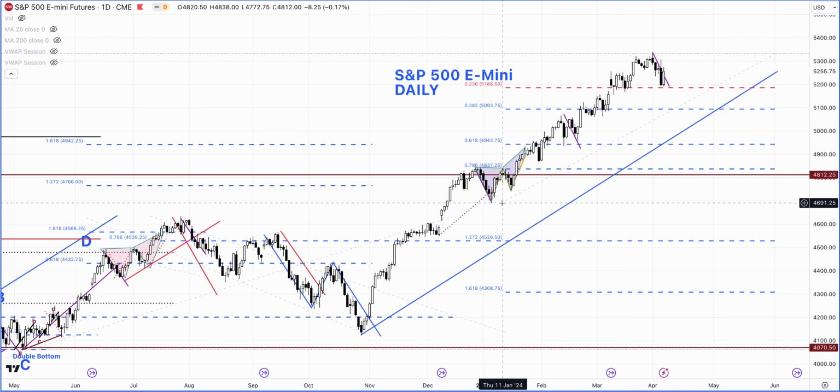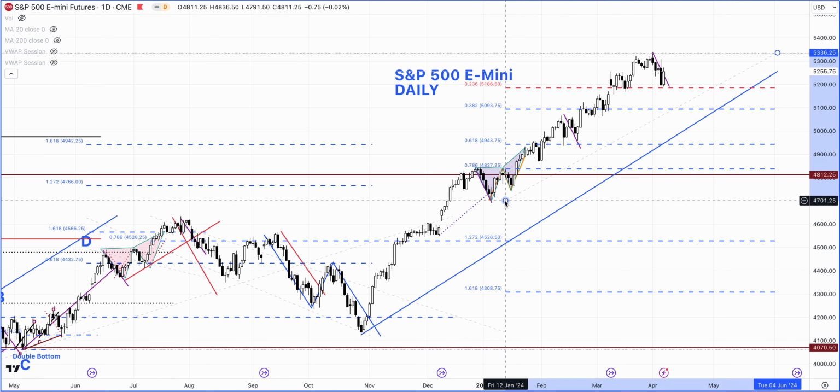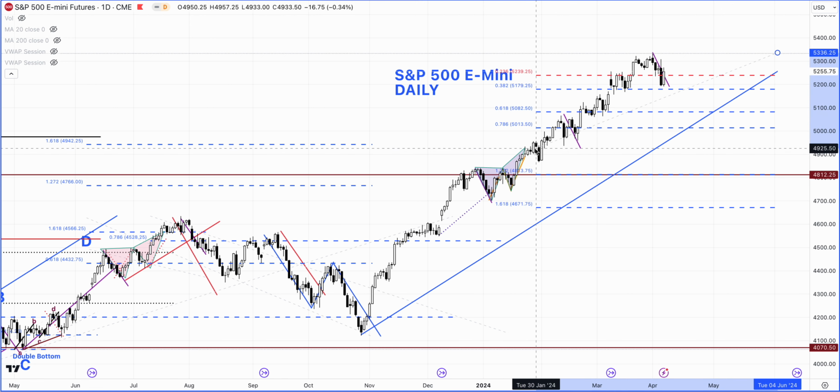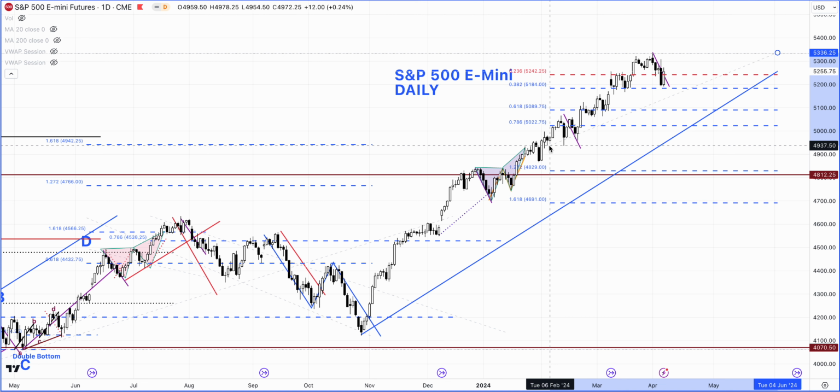And do we get that? Yes, we do. From this low at the beginning of the year, we get about a 23.6% retracement, and then the next key low, if we take this one, because this is where the symmetry comes in as well, was also a 38.2% retracement, or very close to that, within maybe 5 or 10 points.